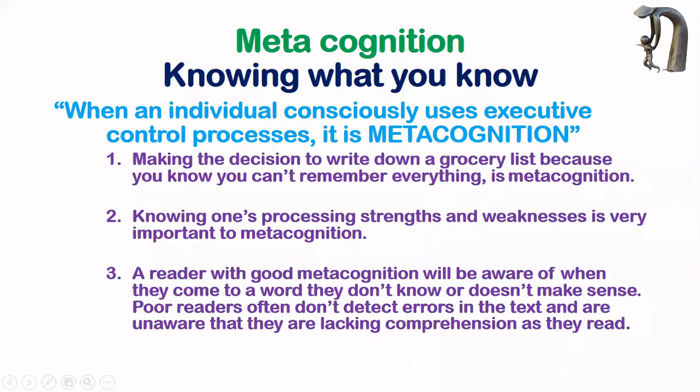And third one, a reader with good metacognition. It might be a child who has good reading skills, will be aware of when they come to a word they don't know. So, yes, they will understand that when I read, I am going to make this kind of errors. This error can be detected by the audience.